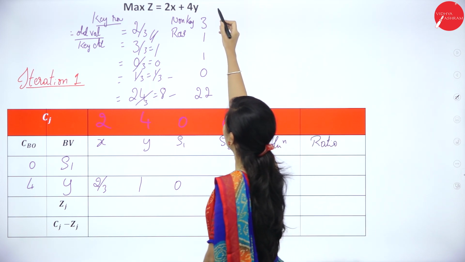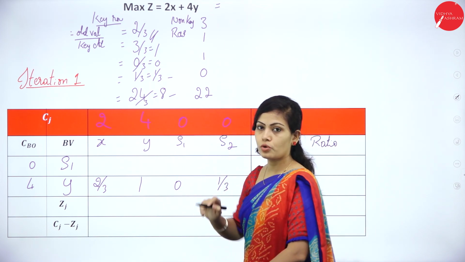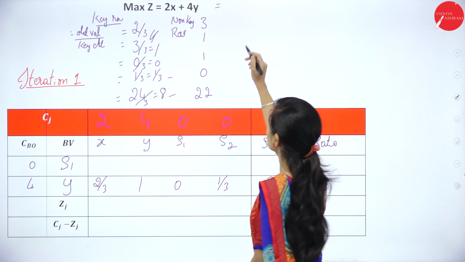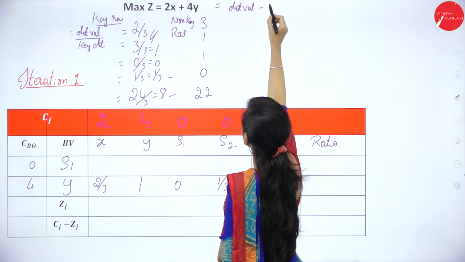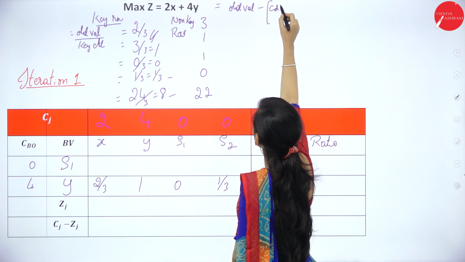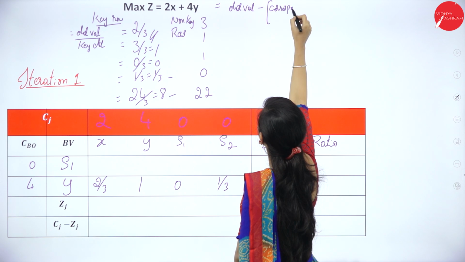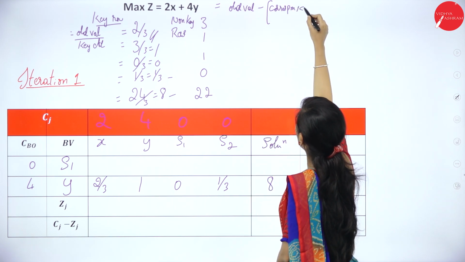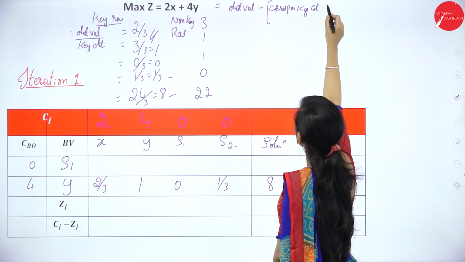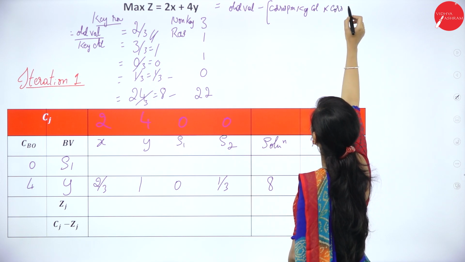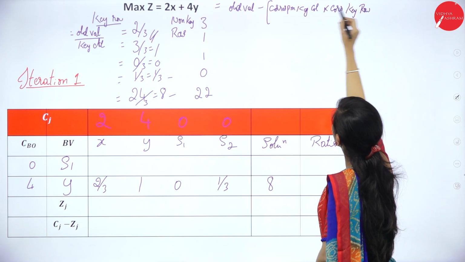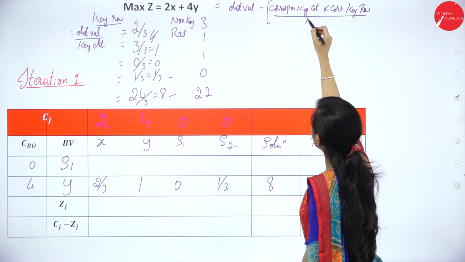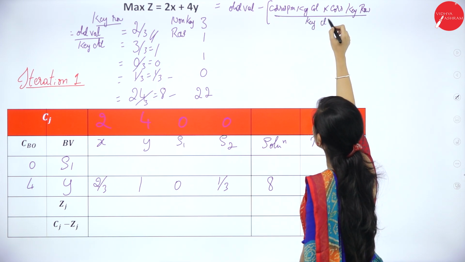So, what is the formula for finding the non-key rows? Old value minus corresponding key column into corresponding key row divided by key element.